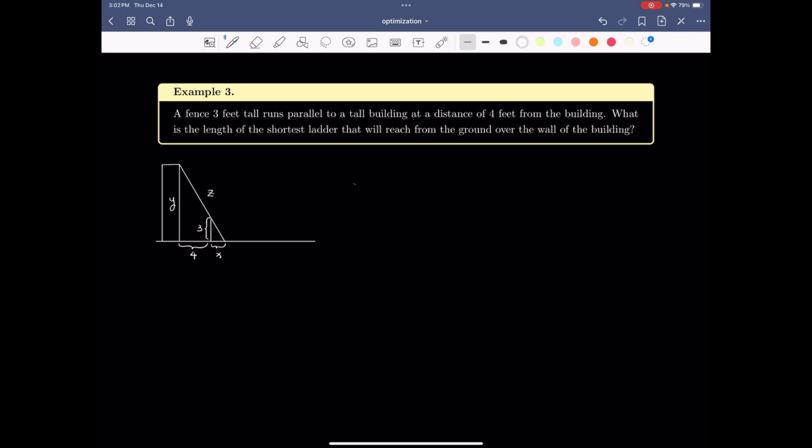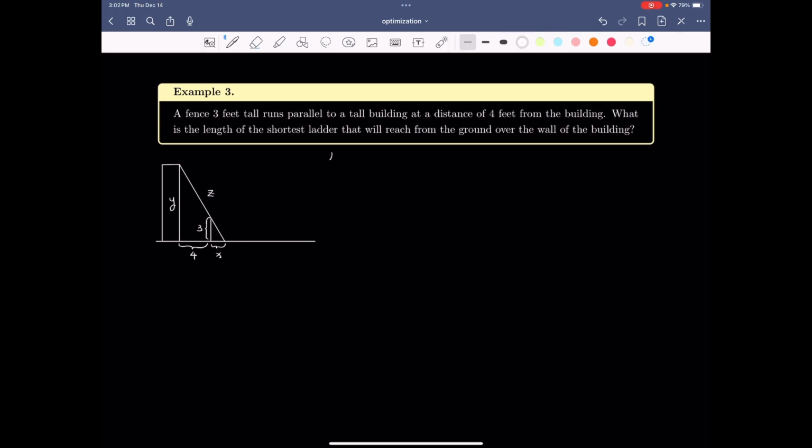Alright, once I have that, you can see that I have a triangle here, which I know some of the lengths of, and I also have a triangle here, which I also know some of the lengths of. So maybe I can make use of those two right triangles. And before we start the real question, let's define my variables.